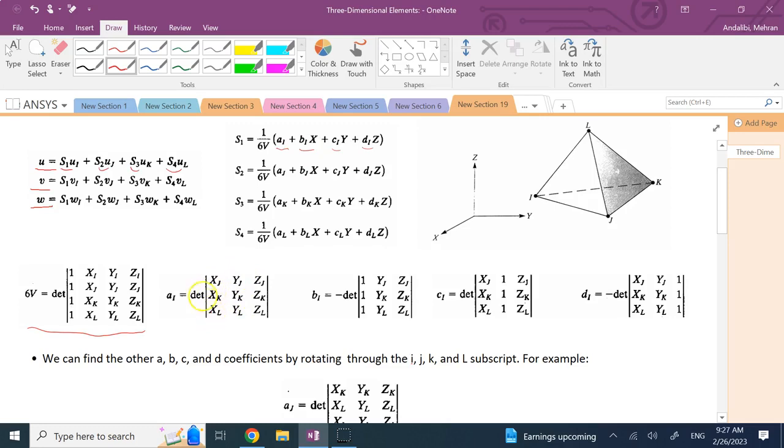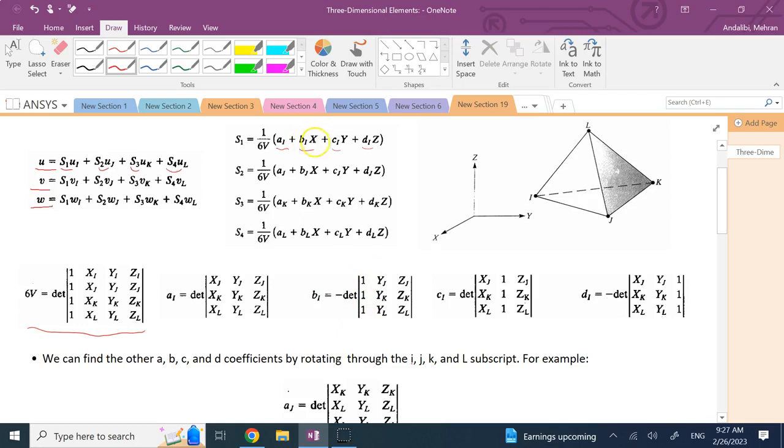They are coming from 3x3 determinants where A, the constant term, is the determinant of the x's, y's, and z's, which is only between j, k, and l, and it's kind of the surface area of this object, probably times 2.